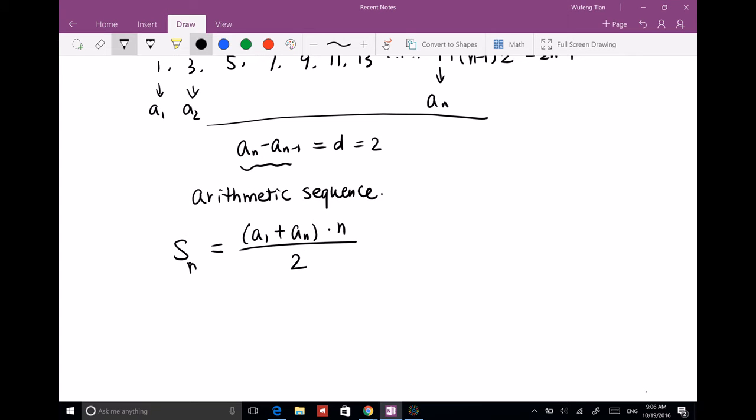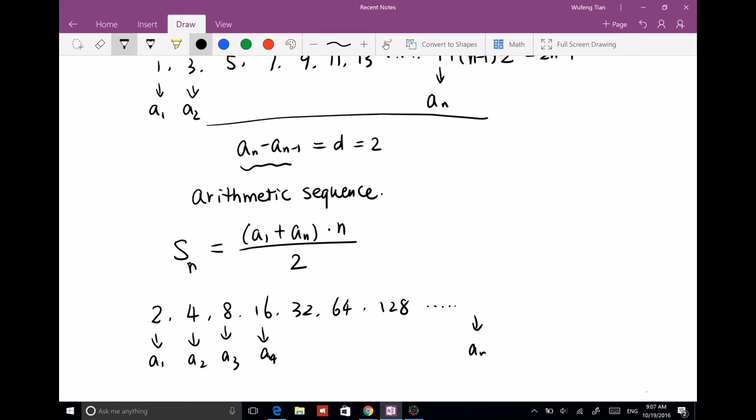Next one, if we have another sequence, for example, 2, 4, 8, 16, 32, 64, 128, and continue. Then a1 is 2, a2 is 4, a3 is 8, a4 is 16. So what about the nth term here?